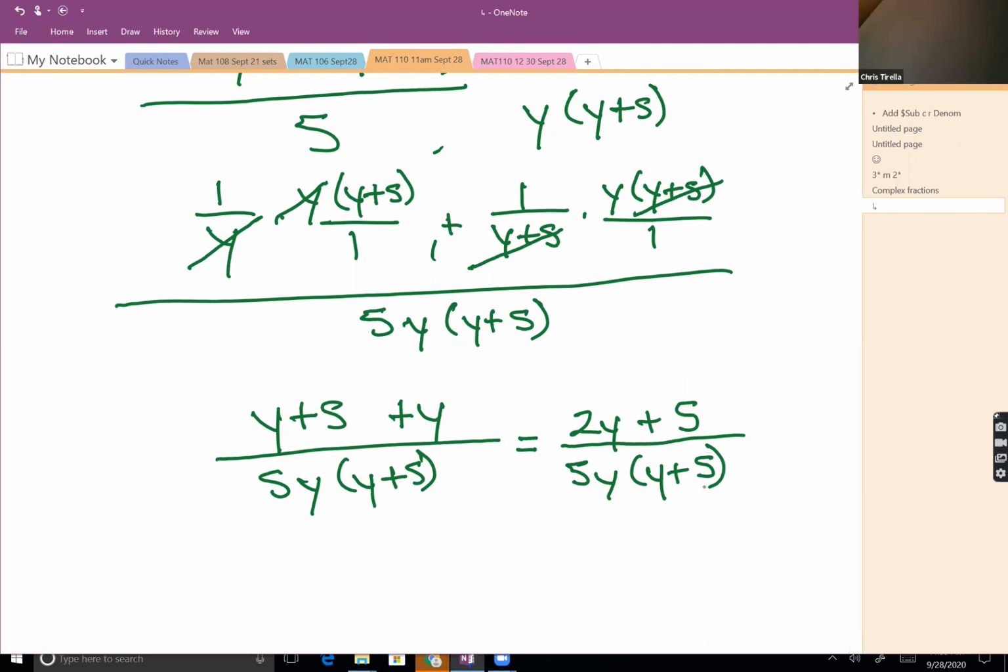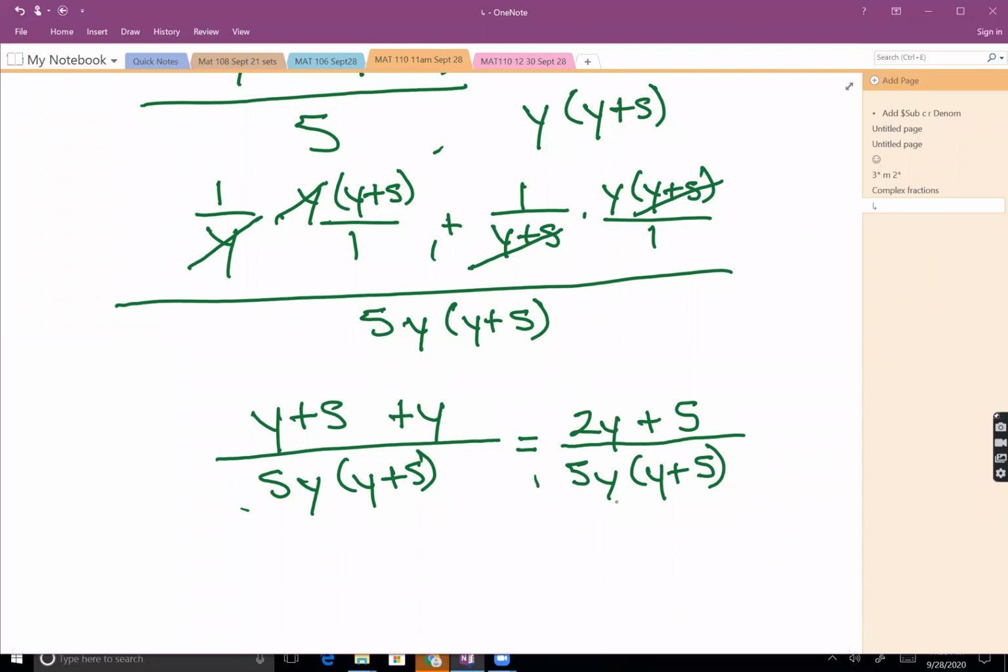You know what? With these, rule of thumb, you know how when we were adding and subtracting, we said it's all right to be lazy and leave something like that because there's nothing to add or subtract. I'm going to leave that in factored form because otherwise I would have to factor it out in order to see if it can simplify.